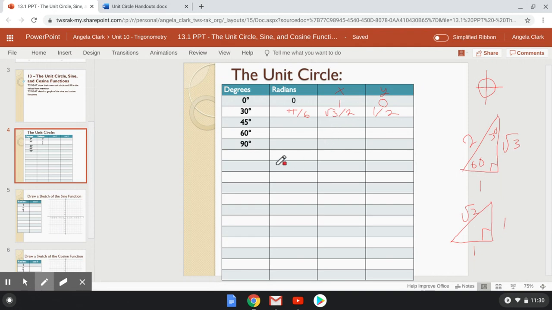And I forgot to do the radians, so in a second I'll do that, but I want to write this first. So then in radians, 45 degrees is going to be pi over 4. Again, if you did that conversion, 45 times pi divided by 180 is going to give you pi over 4.